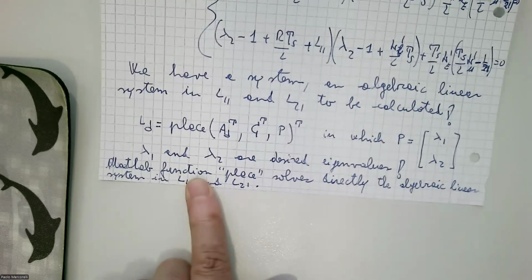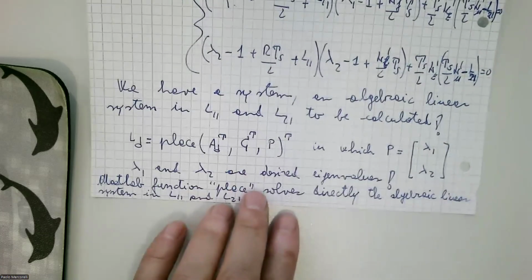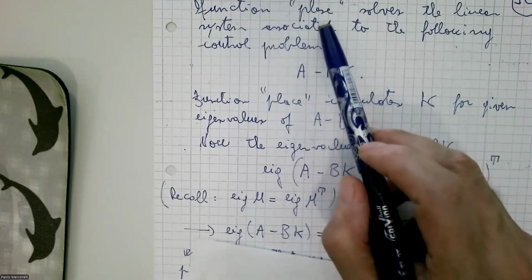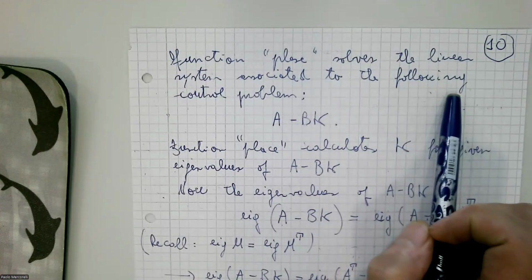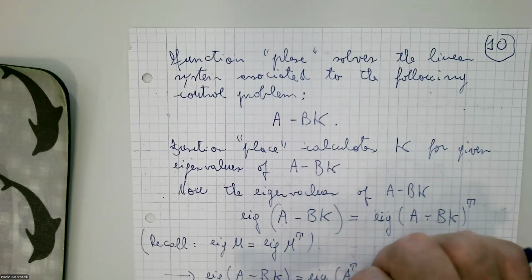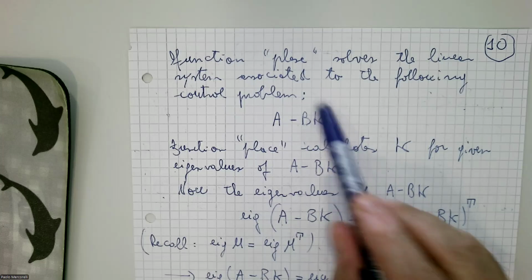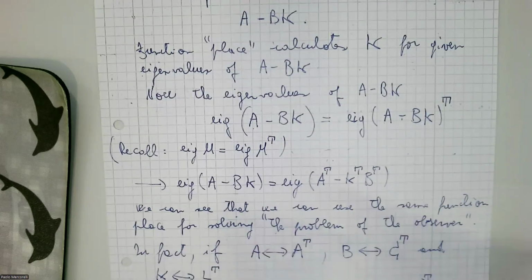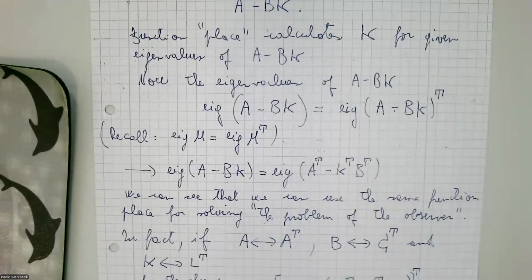These are the two desired lambda 1 and lambda 2, which we have seen also last time we can calculate. We have 2 instead of 1, but no problems. And here is a little bit more in depth on the function place, which solves the linear system associated to the following control problem.